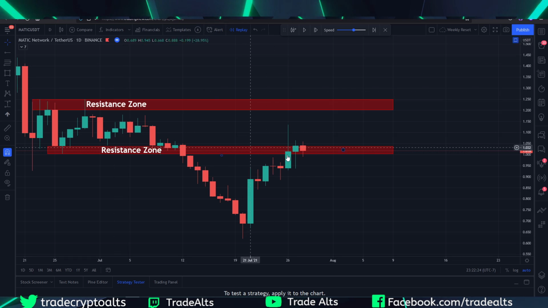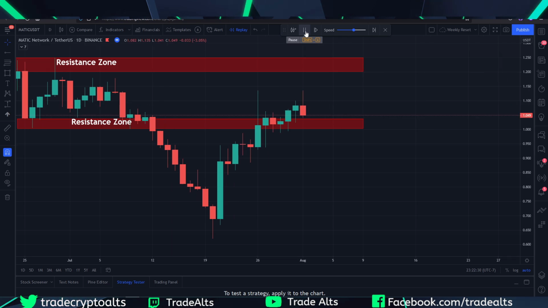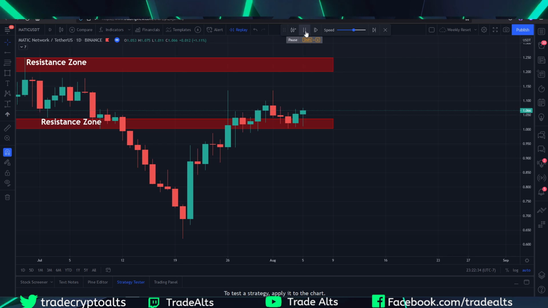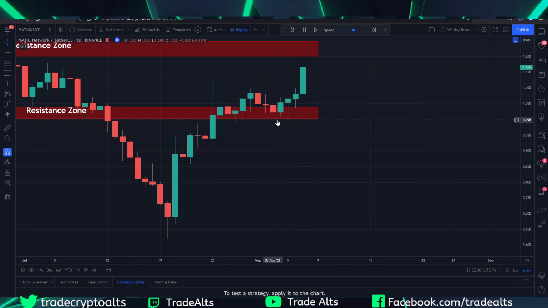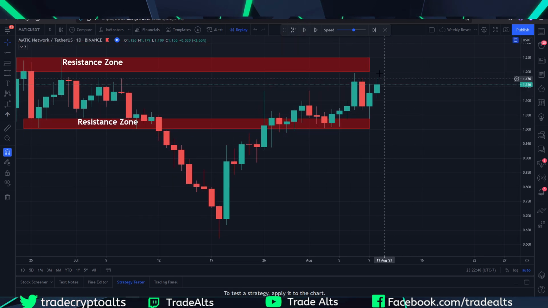That's what that tells me. Let's see what happens. So again, this resistance zone is done, which I should delete. Nice back test of this bottom area though, right? So now we have a bit more to look at.